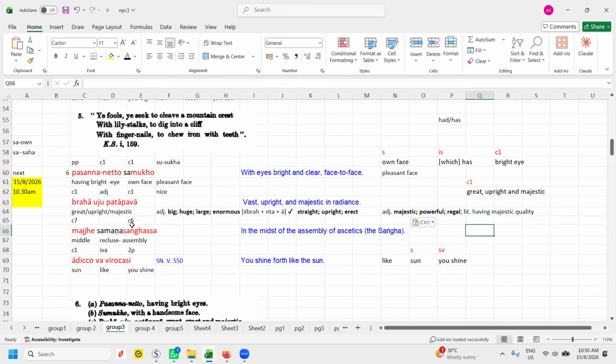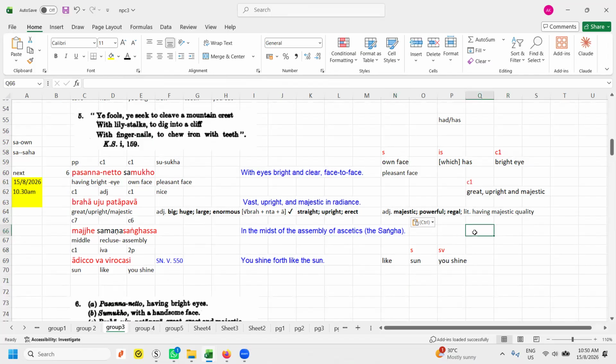This is samana. Samana refers to recluse. Sanghasa technically means community or assembly. So here, if you look at here, this is locative.